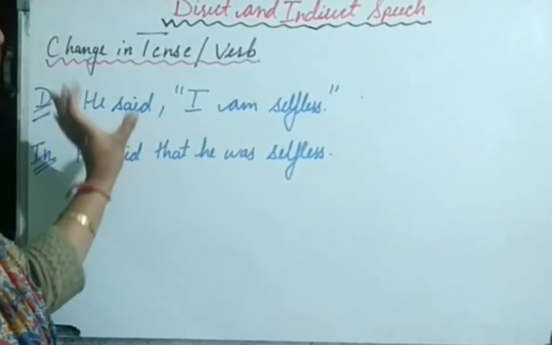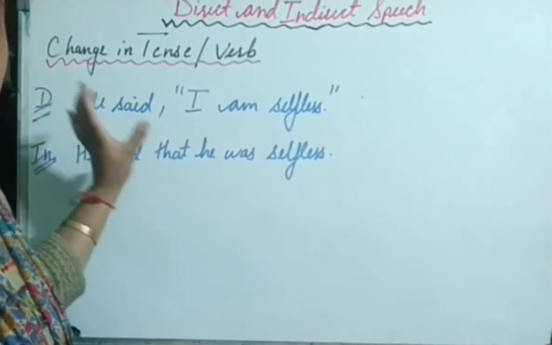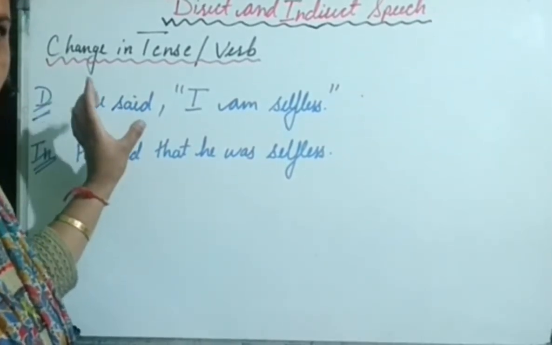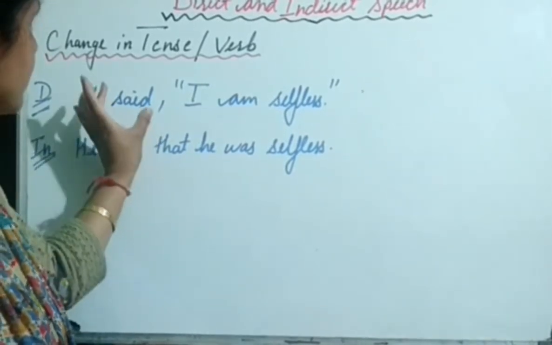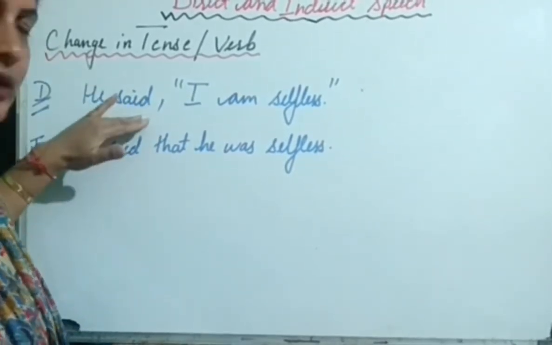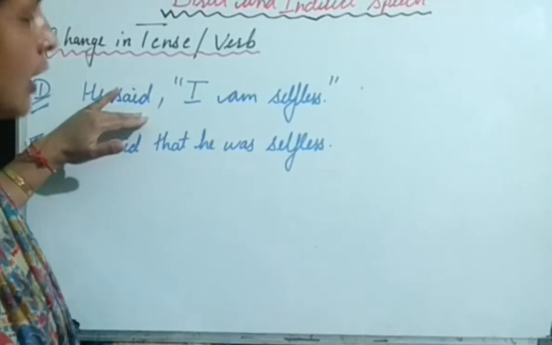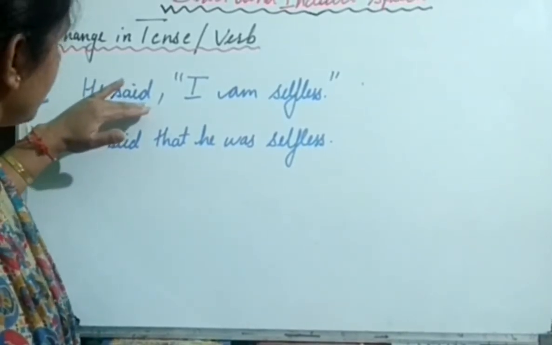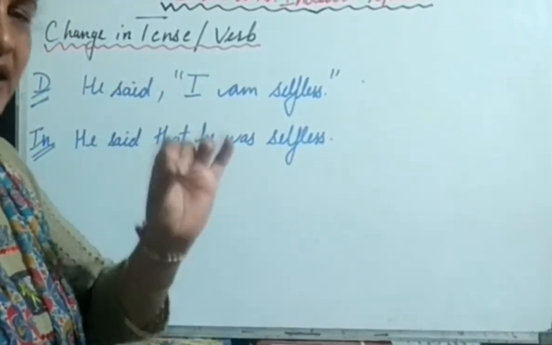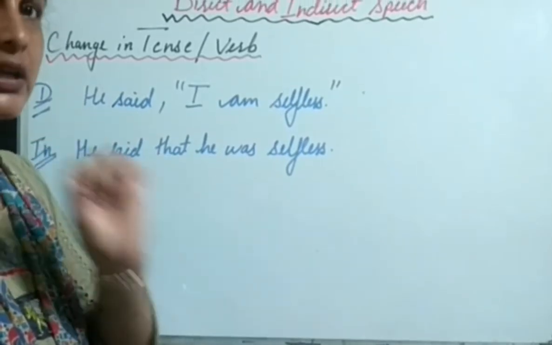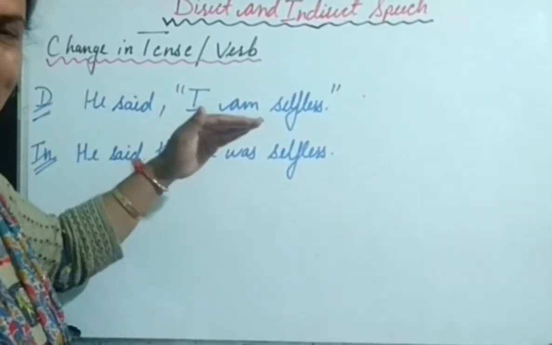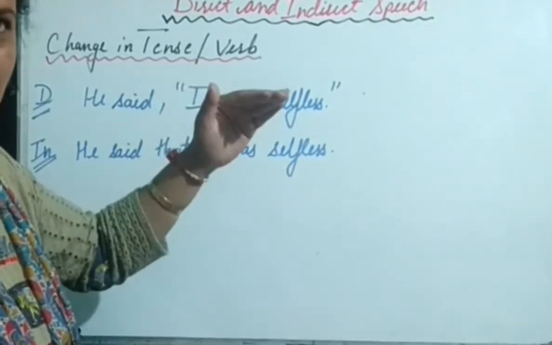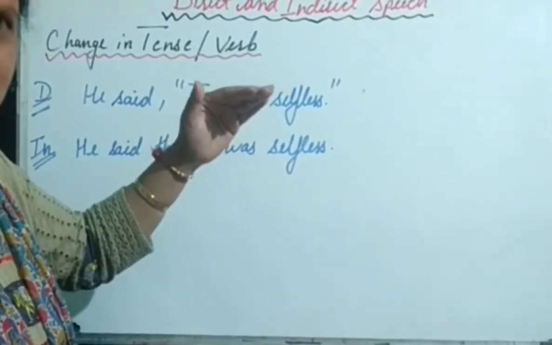Here you can see before the comma, this is the reporting verb, the reporting speech, and this reporting verb is written in past tense. Whenever we have past tense in the reporting speech, at that time we make changes in the reported speech in indirect sentences.